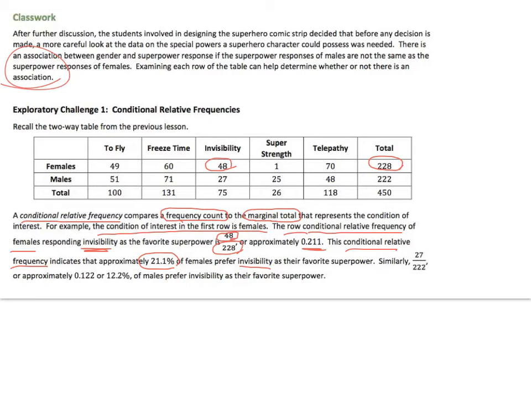Similarly, 27 over 222, or approximately 12.2% of males prefer invisibility as their favorite superpower. So conditional relative frequency compares the rows, the frequency count to the marginal total.